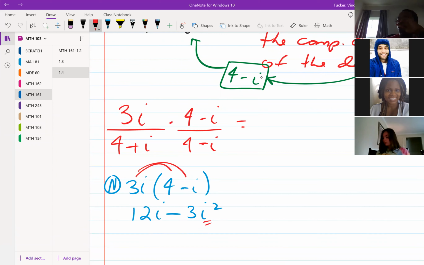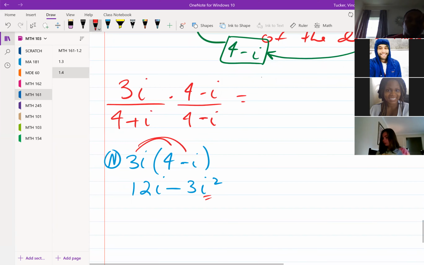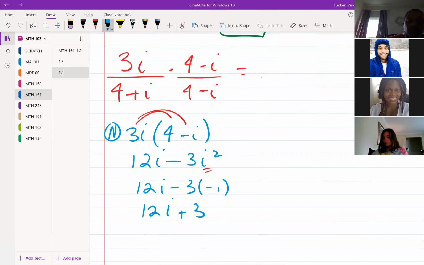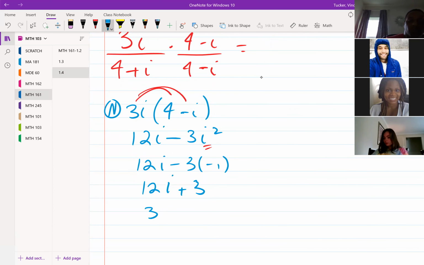Once again, i squared is negative 1, so let's go positive. And in standard form, that'll be 3 plus 12i.